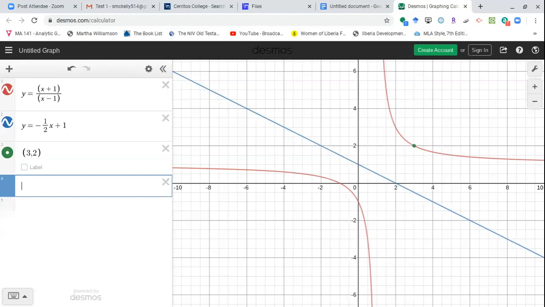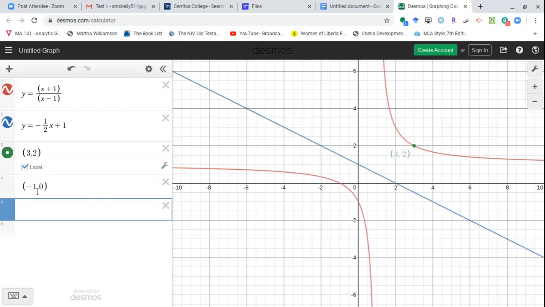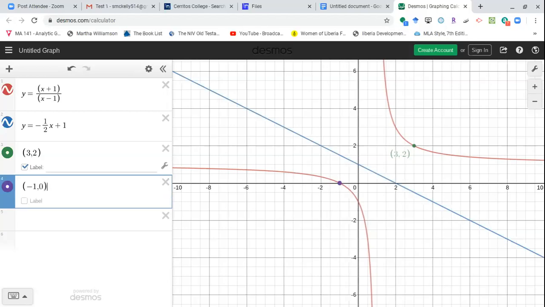And then the other one is at negative 1, 0. Now, those are the places where the tangent line to the curve is going to be parallel to this blue line here. I haven't drawn the tangent lines yet. Does that make sense?